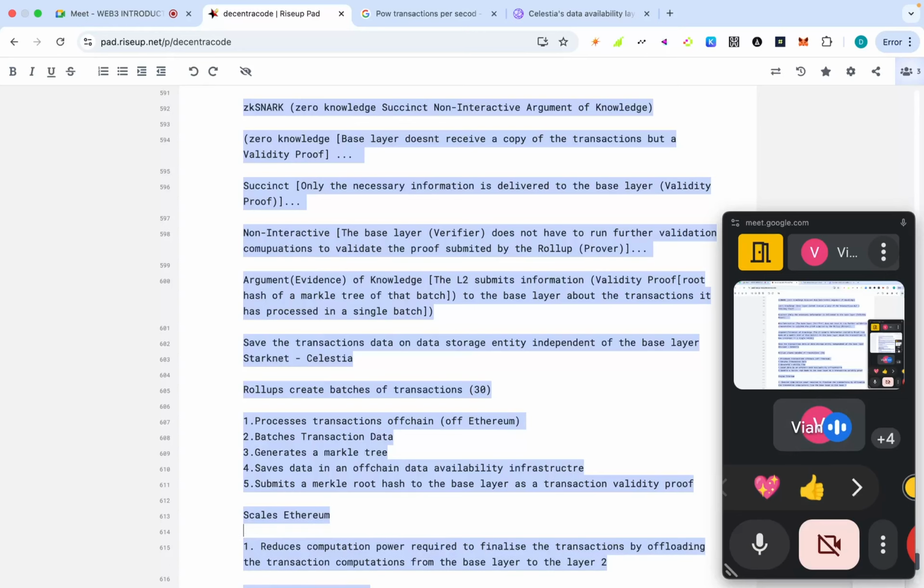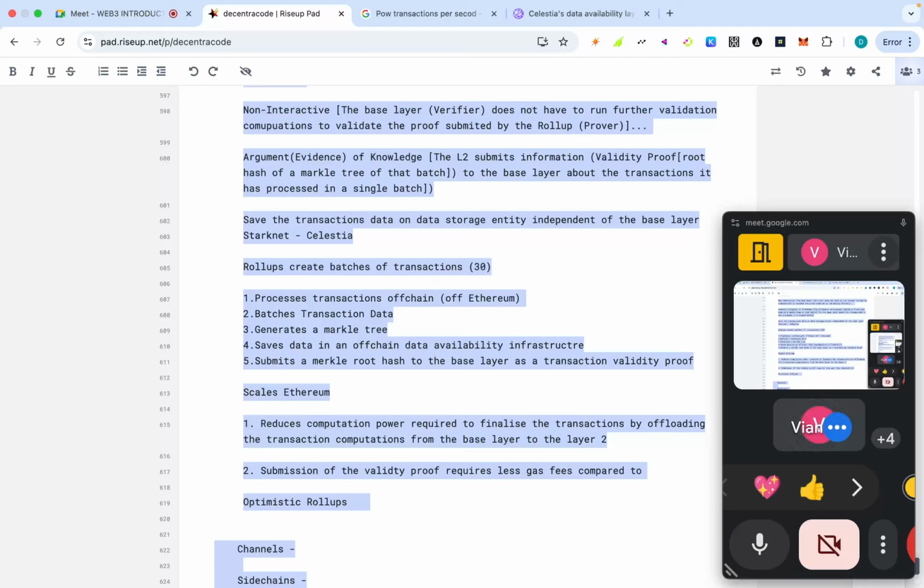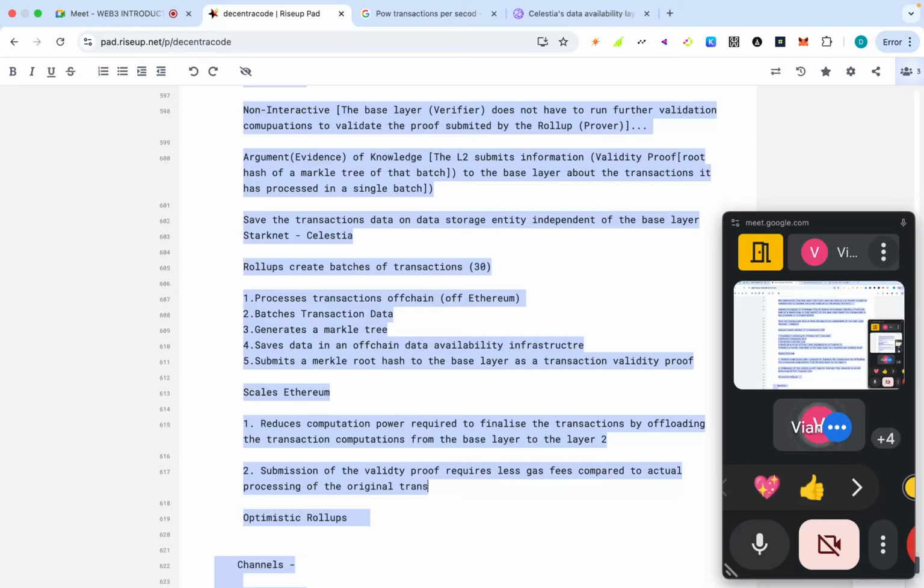So that's one way it does it. And then two, submission of the validity proof requires less gas fees compared to actual processing of the original transactions.